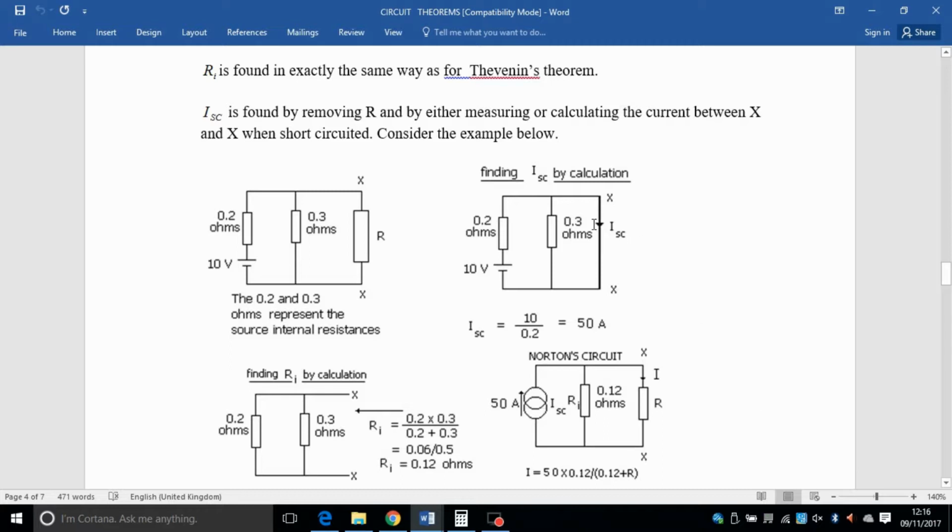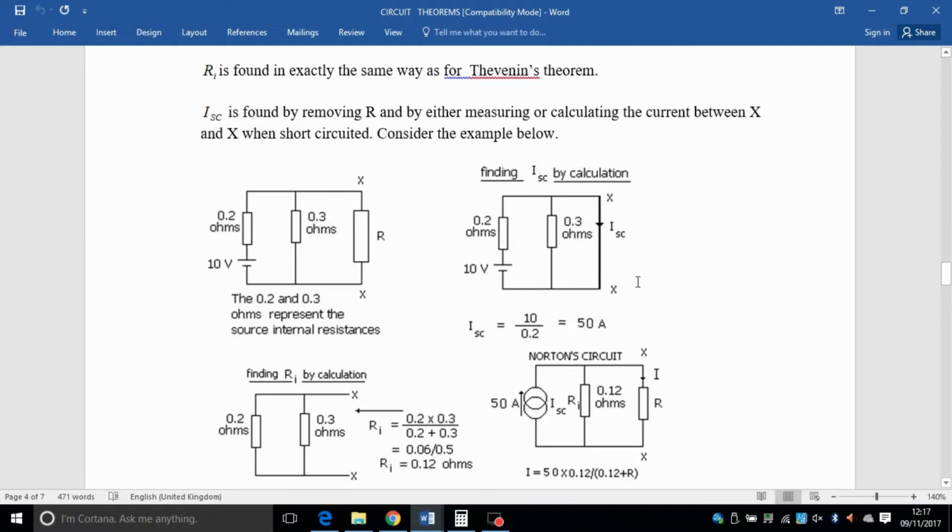To find that one, we take the load out, short circuit that path, and calculate how much current is going through it. Looking at this circuit, when you short circuit the path where the load was connected, this has actually short circuited another resistor here, so it is basically eliminated. It doesn't do anything. All the current is going through this path. Remember, current takes the easiest path.